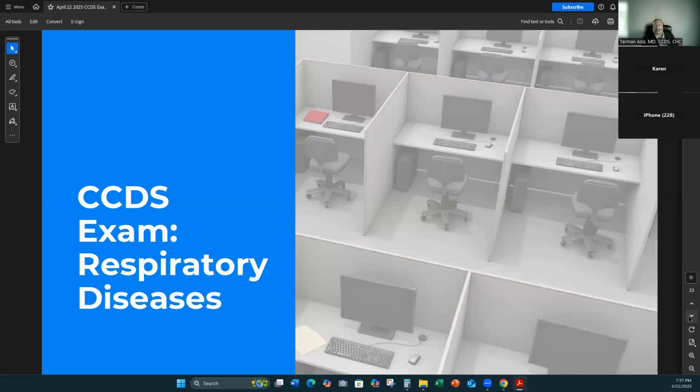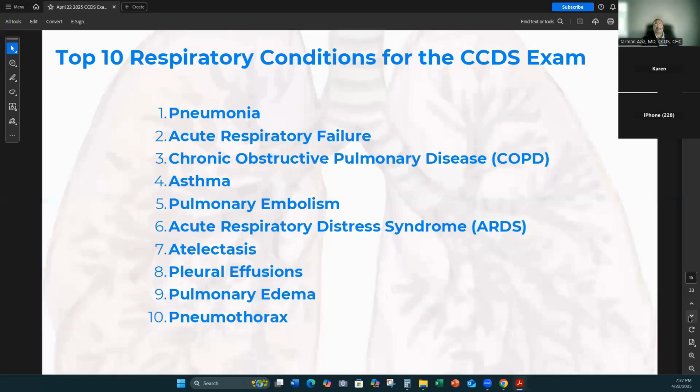So look into your local testing options. But ultimately, for the respiratory system, we need to think about these conditions. Pneumonia, acute respiratory failure, we've already talked about.